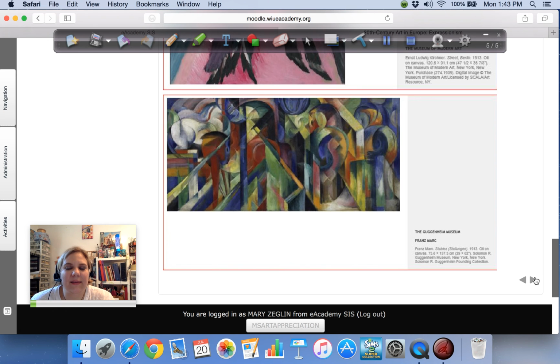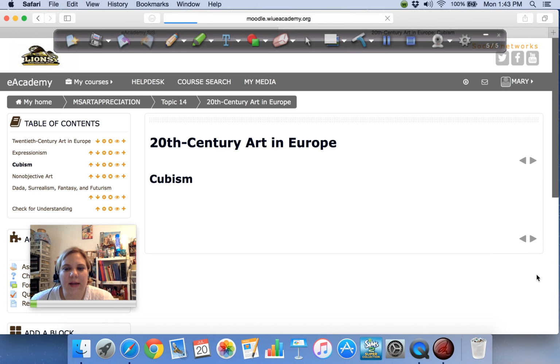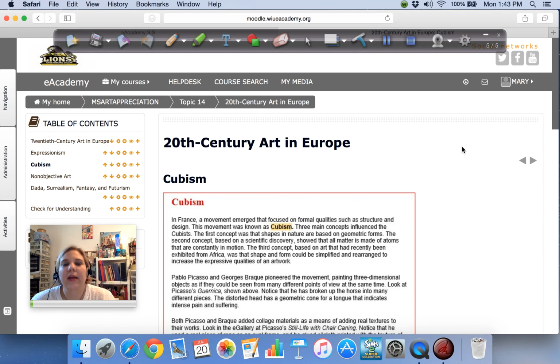But that's considered expressionism with the emotion and the kind of feeling it brings on. Now we are going to move on to Cubism, an extremely big break in art.